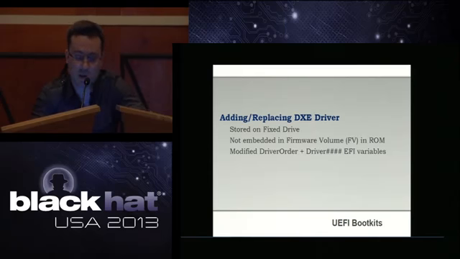Typically that wouldn't involve patching the BIOS, right? That would be a non-embedded DXE driver, and that would also require changing some variables like DriverOrder and Driver0, 1, 2, 3, and so on.